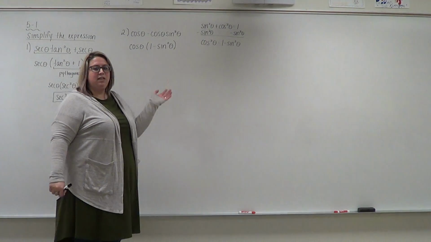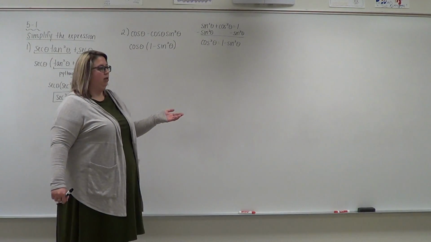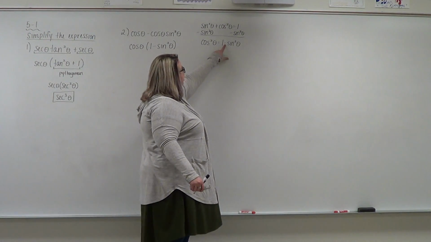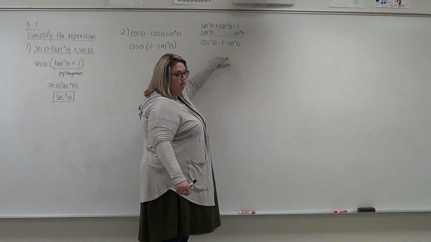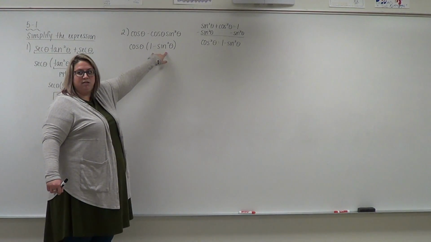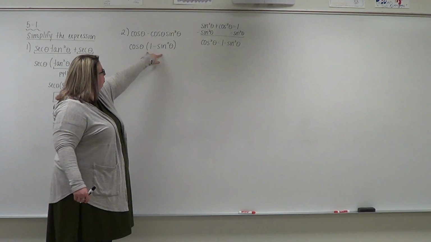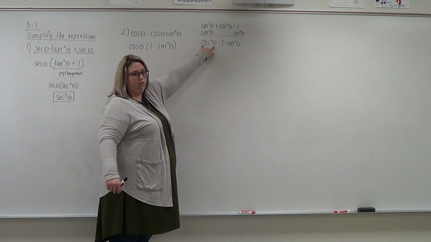You can manipulate equations however you want, as long as it's algebraically true. I can't just make this a plus sign because I want to make it a plus sign. To move it over, we had to subtract it. Hey, that looks the same as this, right? So what could I replace 1 minus sine squared with? Cosine squared, because that's what it's equal to.